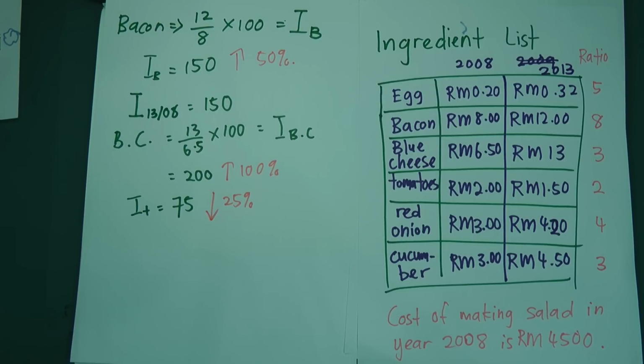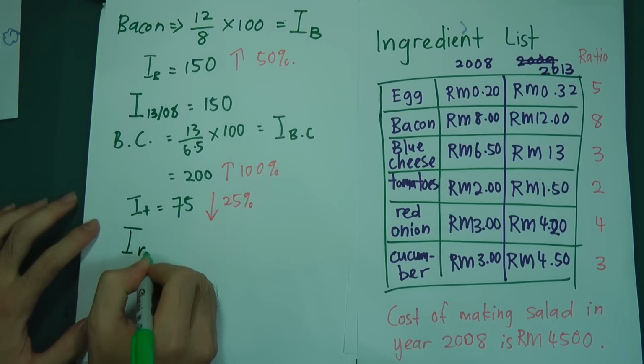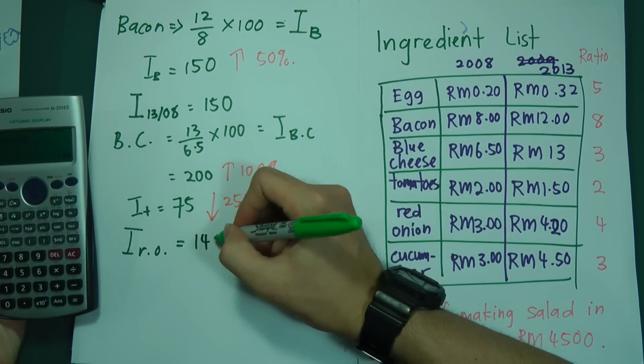So same thing, we calculate the index number for red onion. We use 4 ringgit 20 cent divided by 3 ringgit and then we multiply by 100, we will get 140 for the index number for onion.